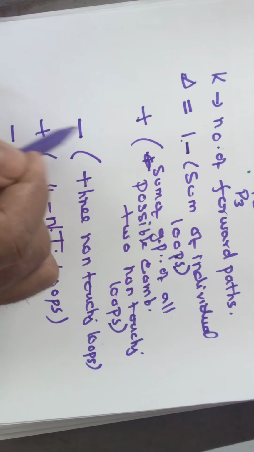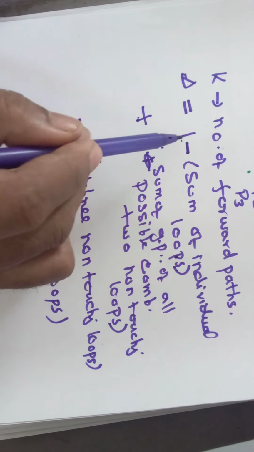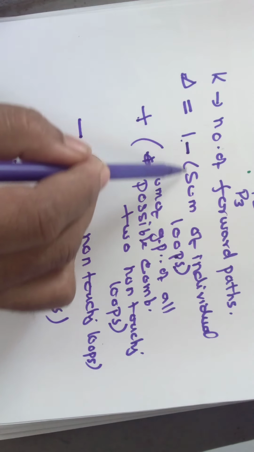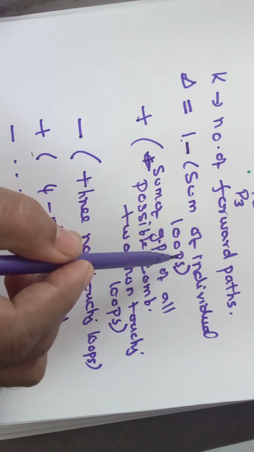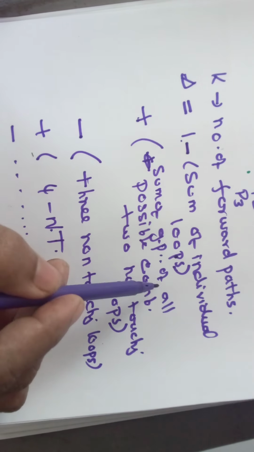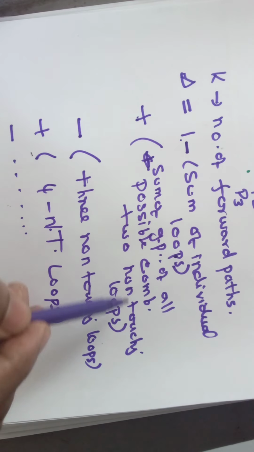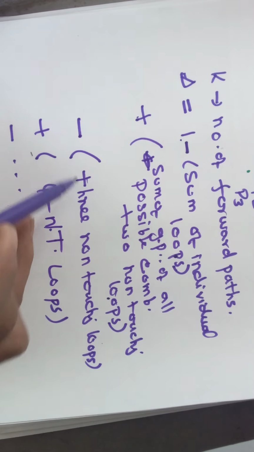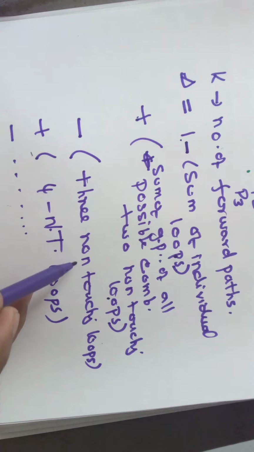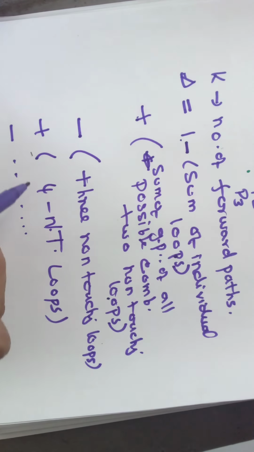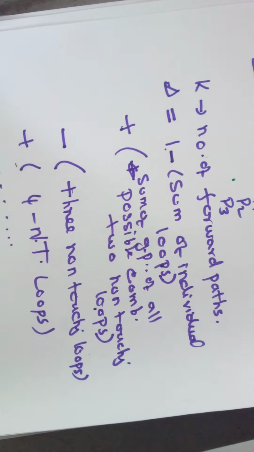So in this way alternate signs will come. Understood? Please remember this formula: delta equals 1 minus sum of individual loop gains plus sum of gain products of all possible combinations of two non-touching loops minus sum of gain products of all possible combinations of three non-touching loops plus etc. This is Mason's gain formula.